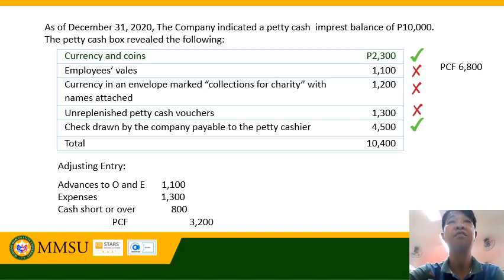If you can recall, this cash short or over will be adjusted to either receivable from petty cash custodian or loss, depending on the result of the investigation.